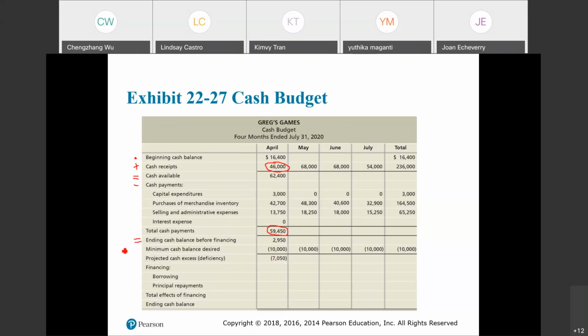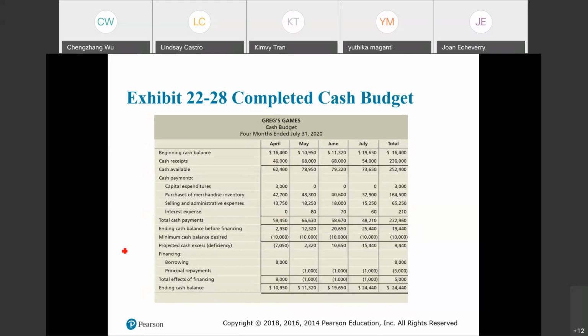But don't forget that for the cash loan, the increment is $1,000. Therefore, in April, you need to borrow at least $8,000. $8,000 should be borrowed in April.